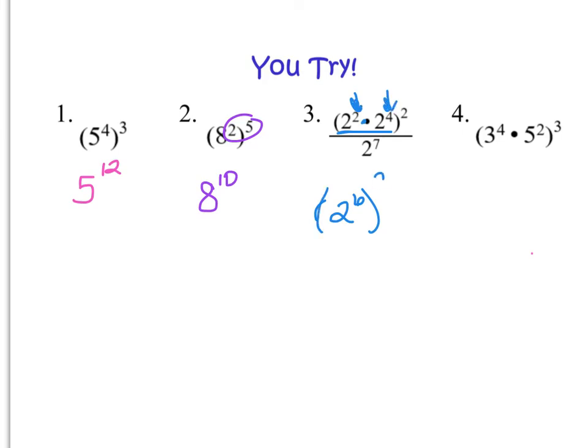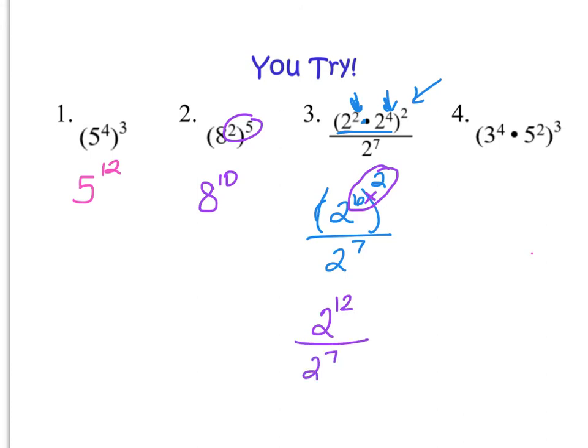And then that's raised to the 2nd power, right here, still on the outside, and we're still dividing it by 2 to the 7th power. Okay, can still simplify on the top. I'm raising a power to a power right here. So I need to multiply these two. 2 to the 6th raised to the 2nd power, 12 is going to be my exponent. 6 times 2 is 12.